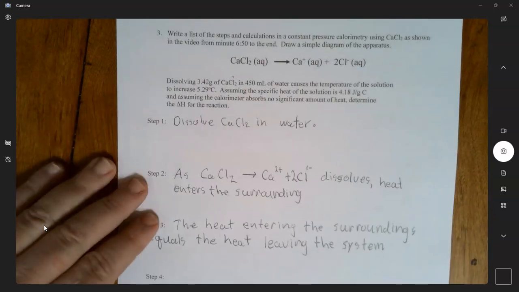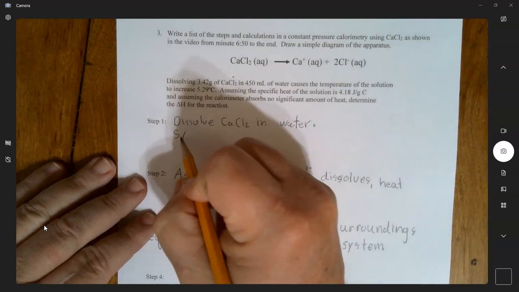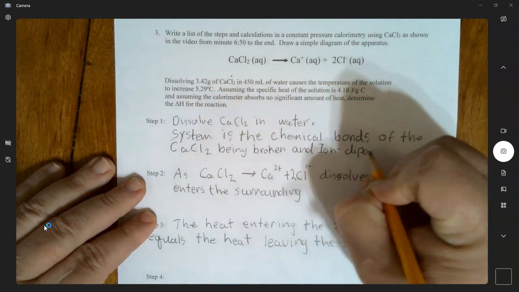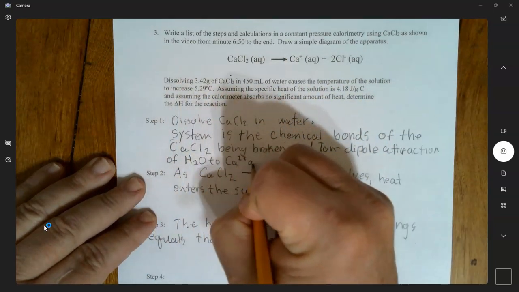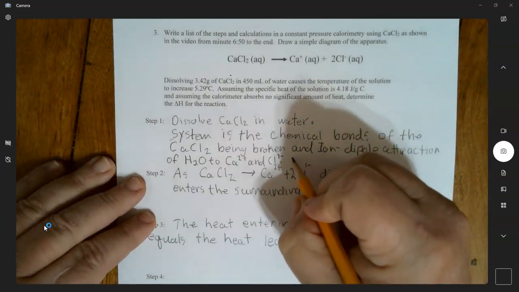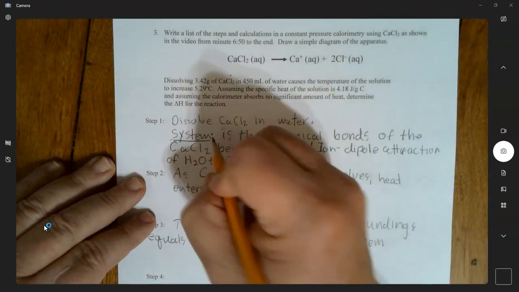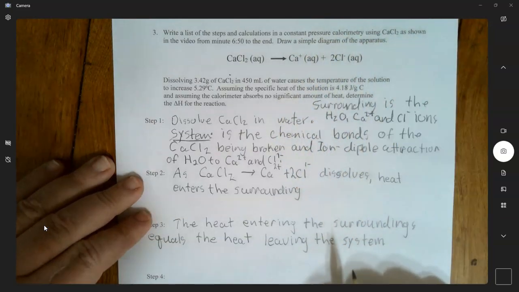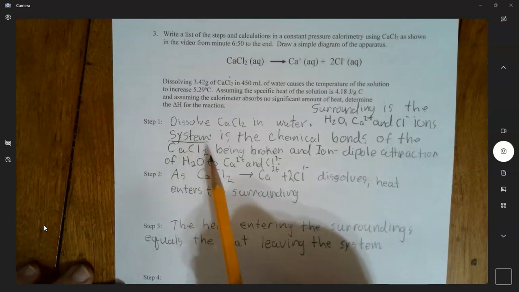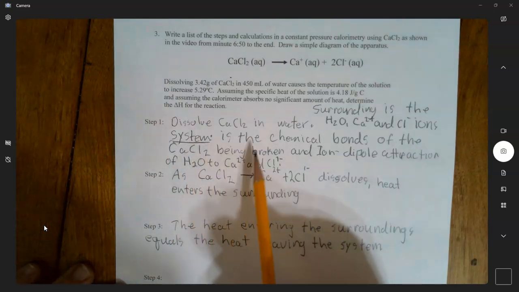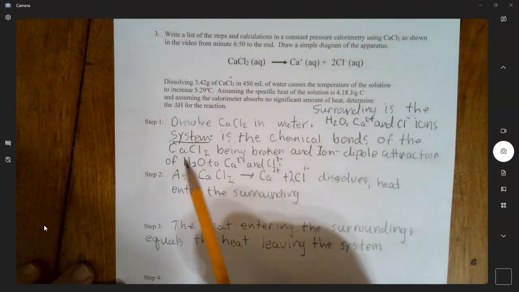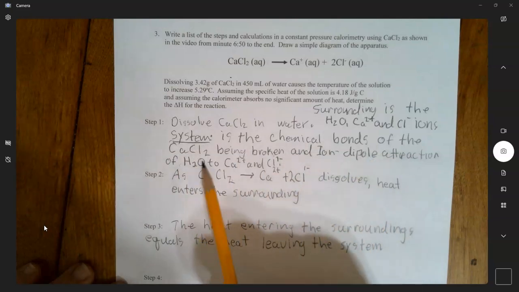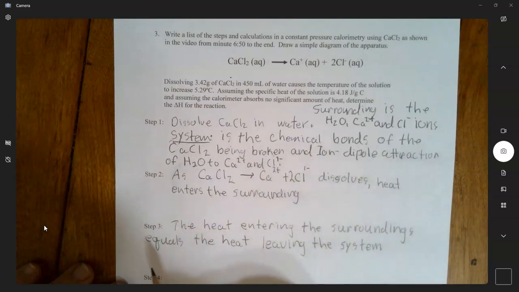I failed to define the system and the surroundings up here. There's the system, and the surroundings, I'll write it up here. What we're studying is the chemical energy from the system, which is the chemical bonds of the CaCl2 being broken, and the ion-dipole attraction of the water and the Ca2+ and Cl1- ions.